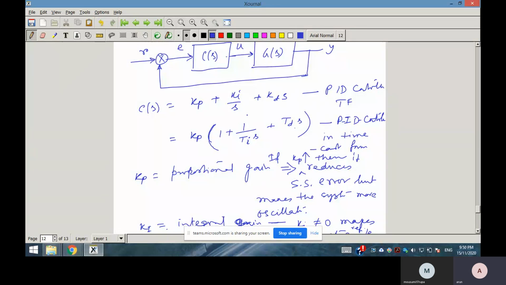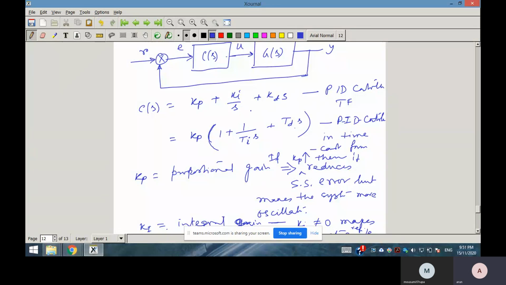Zero location of the controller is 1 plus 1 by Ti. That means your 1 by Ti. So what is your pole location? Sorry, zero location. If Kd equal to 0, it is Ki by Kp.